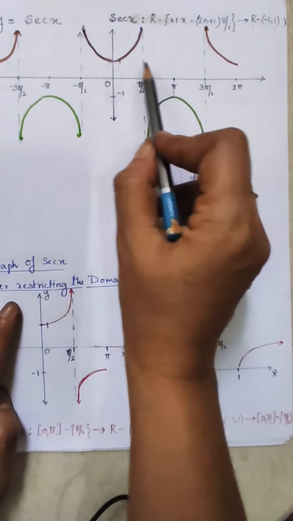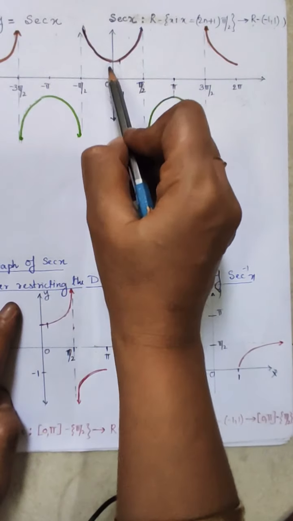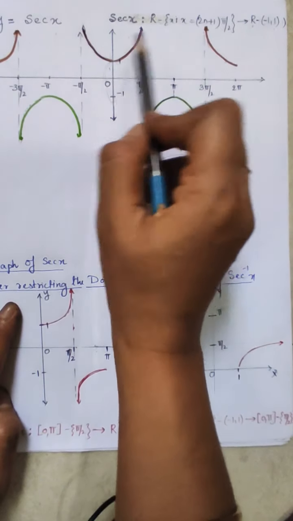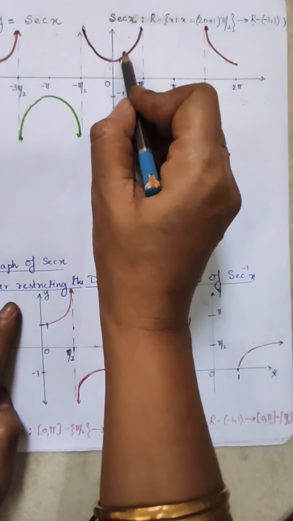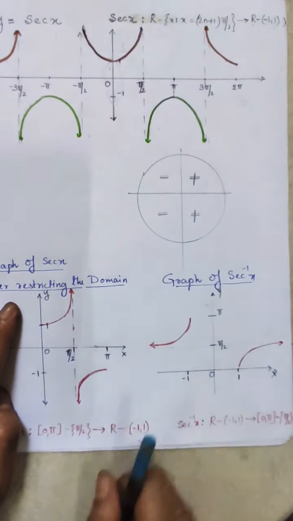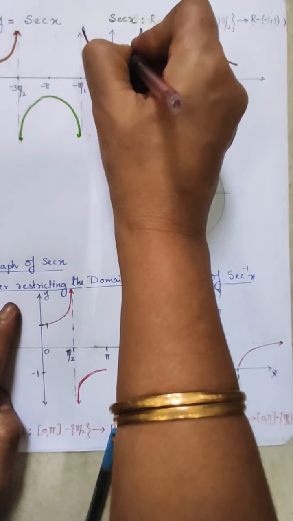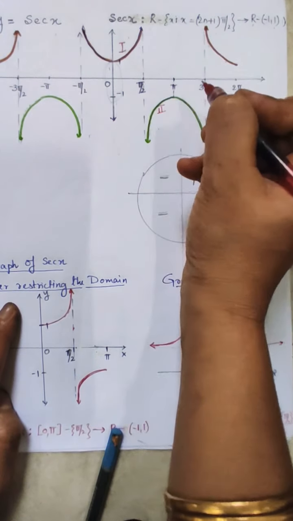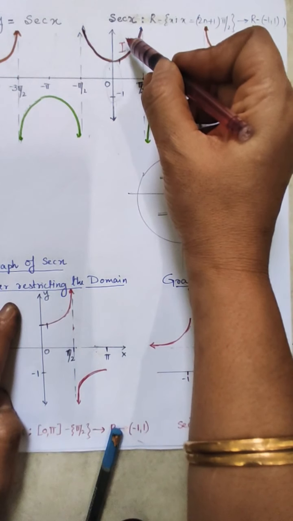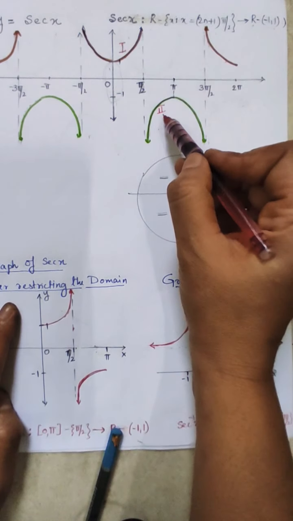Now the graph curve above the x-axis is the positive region and the graph below the x-axis is the negative region. This one is the first quadrant, and this is the second quadrant. Sec is positive in the first quadrant and negative in the second quadrant.